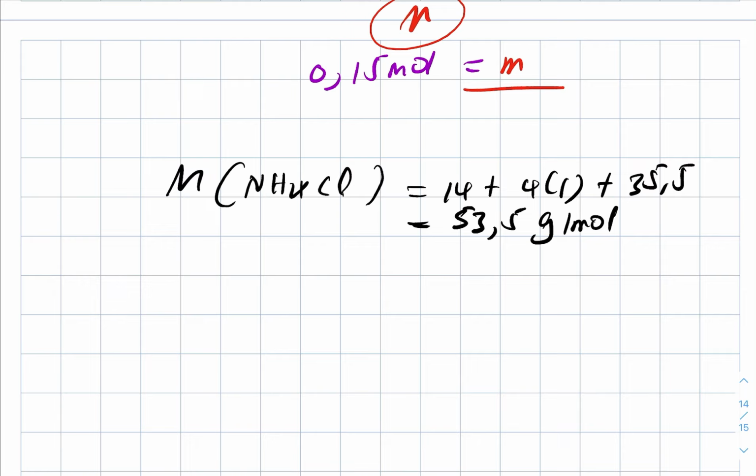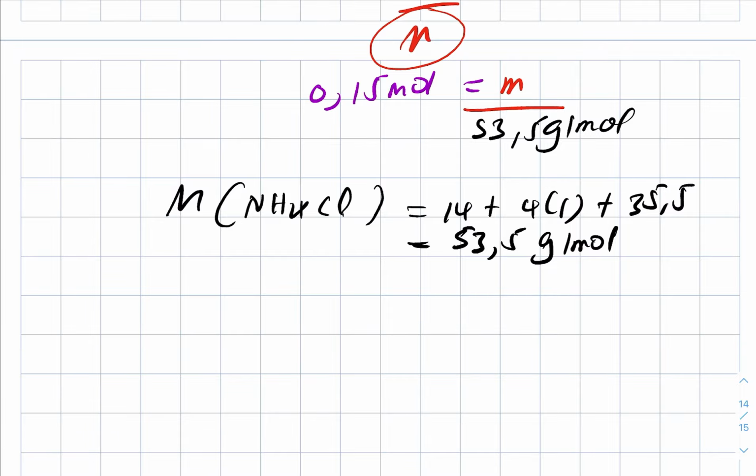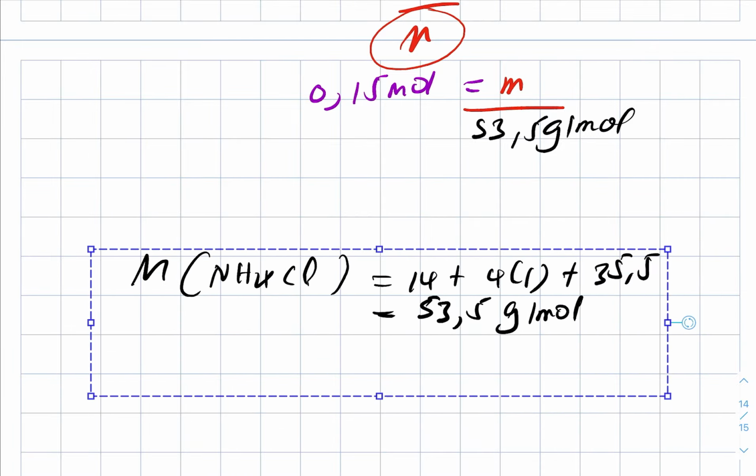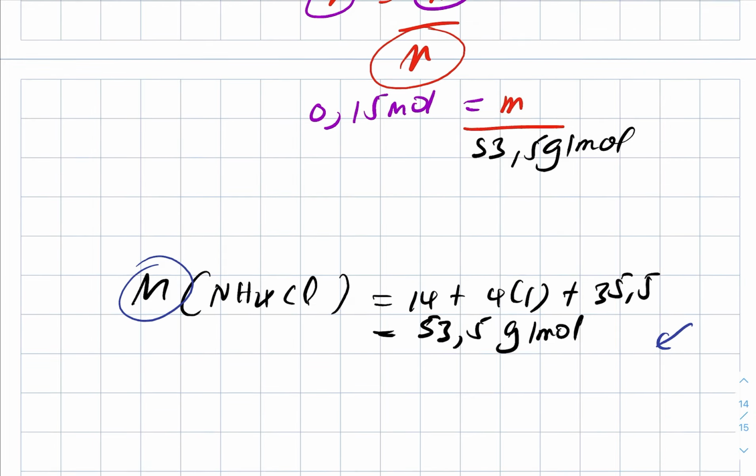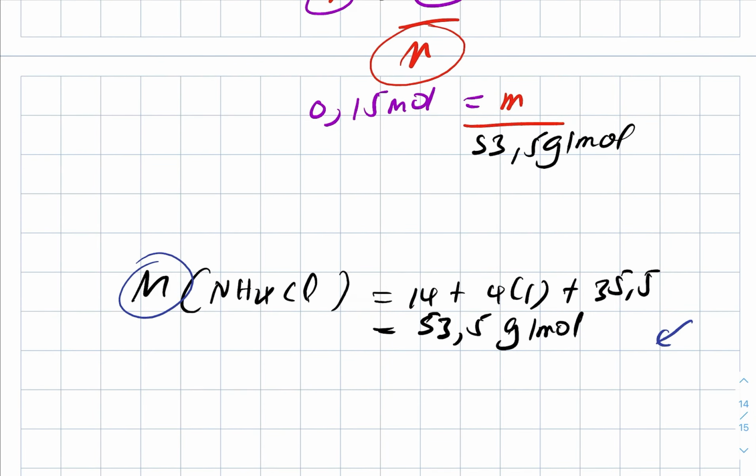So that's the number that I'm going to put here, 53.5 grams per mole. You should remember that the units are not really required. You may just put the numbers alone. They're not going to penalize you. But I would advise you, whenever you calculate the molar mass or the molecular mass, just make sure that you put the units in your paper because they will mark those.